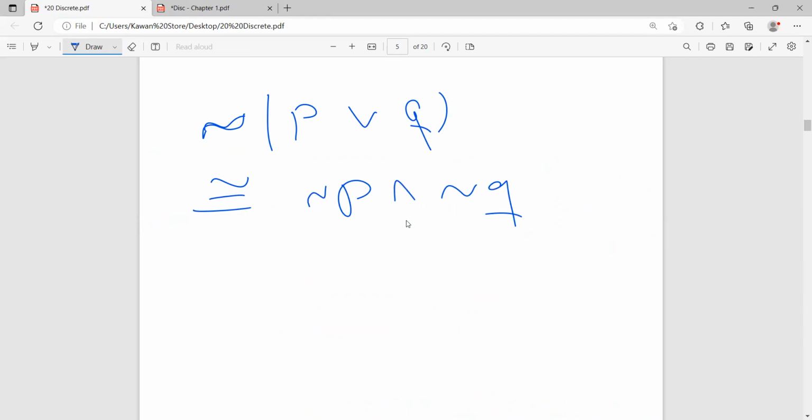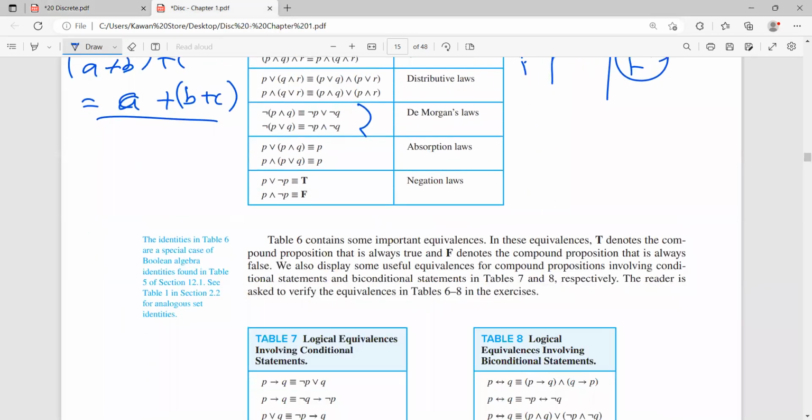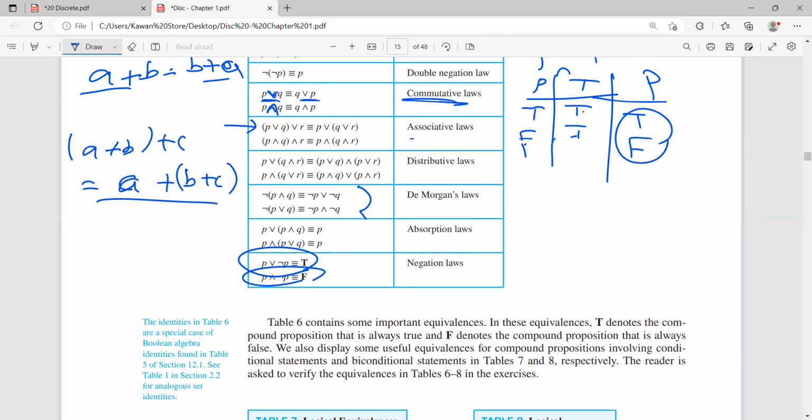For example, during the exam, if I say, show me how you solve that one, bring a truth table and you'll see the columns are equal, and the results are the same. The same thing is true for here and there. Everyone has a name, but I don't care about the name.